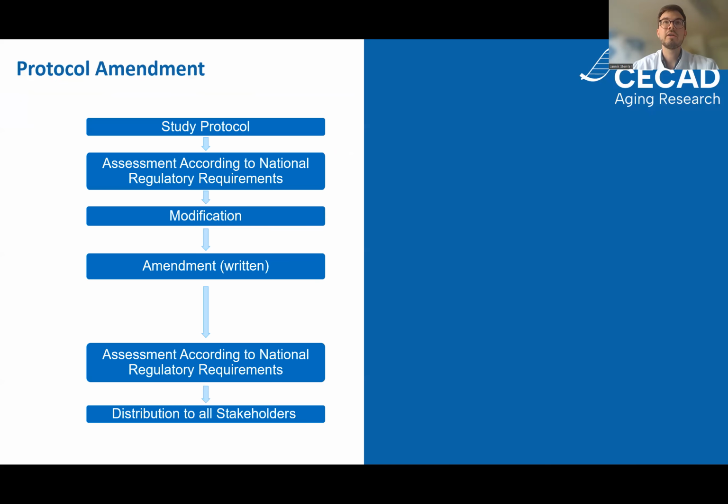Here we see an overview. You can see the different steps that have to be considered after modification of the study protocol. So after the protocol has been assessed according to national regulatory requirements, modifications of the protocol have to be in agreement with the sponsor and investigators and need to be prepared as written amendments.